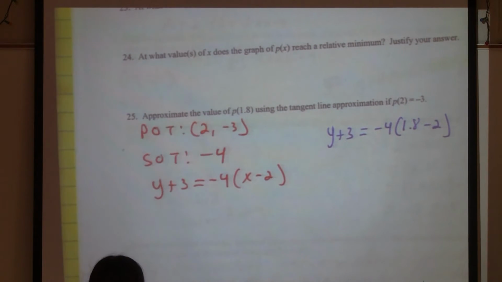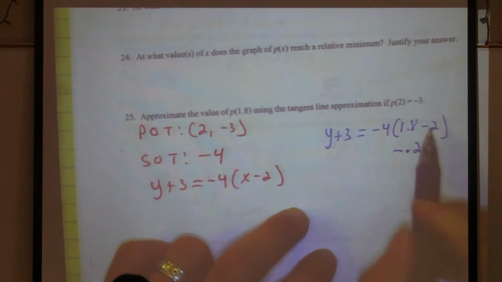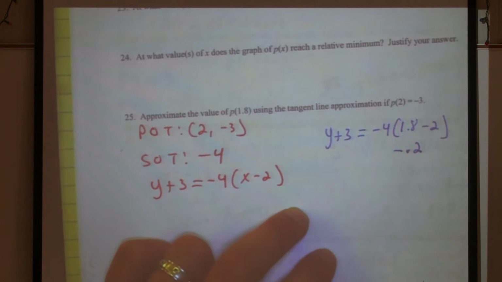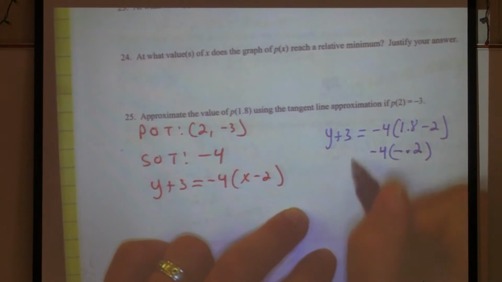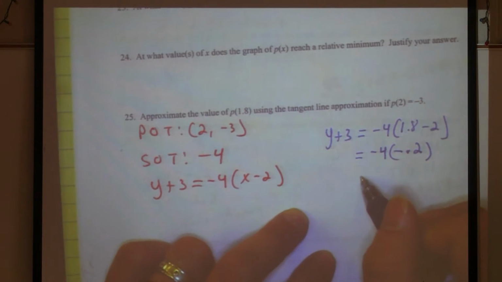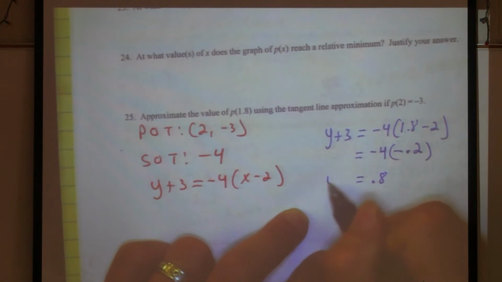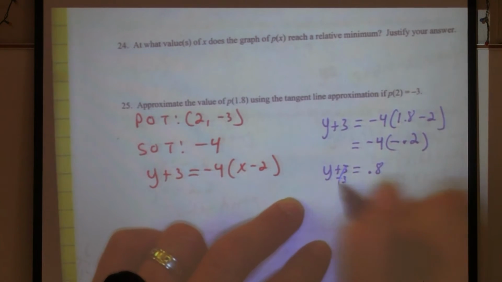Alright, so what would we end up with here? -0.2, right? $2 take away $1.80. And then 20 cents times 4, 80 cents. So y plus 3 is equal to 0.8, minus the 3.